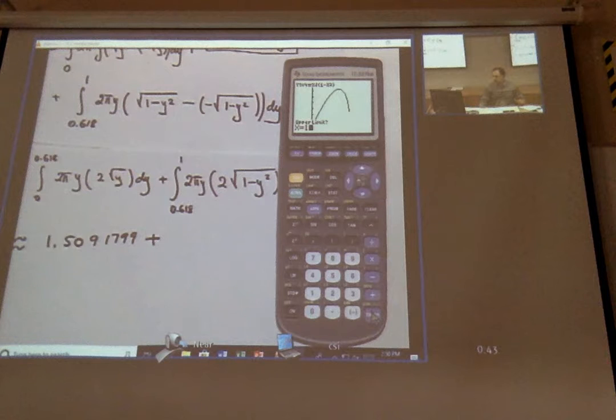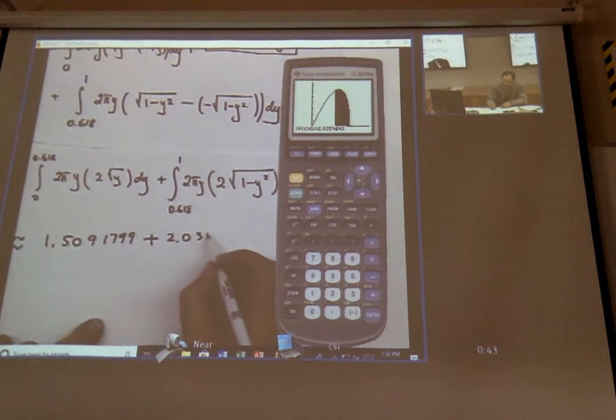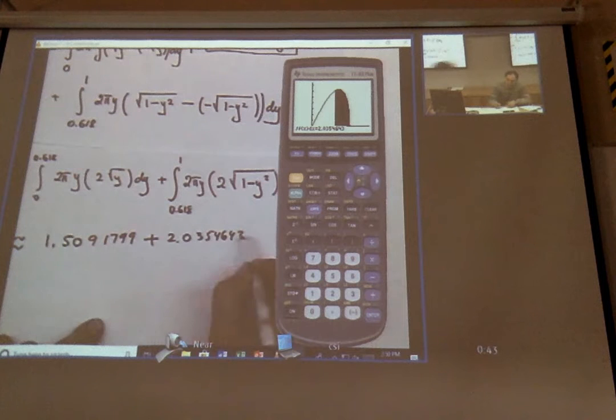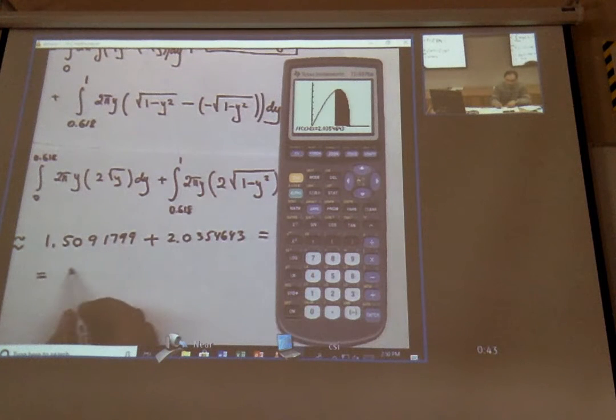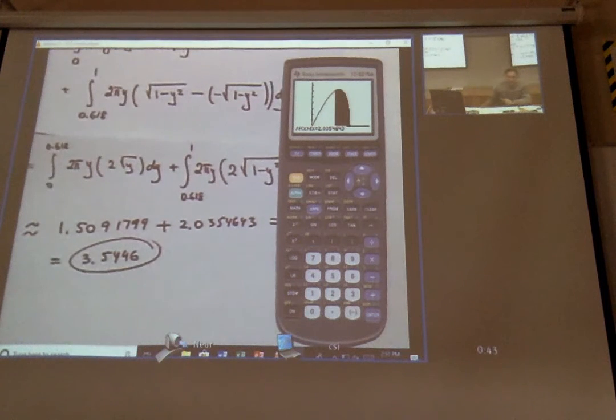To 1, right? And I will get plus 2.035463, and when I round, I get 35446. So this will be the final answer.